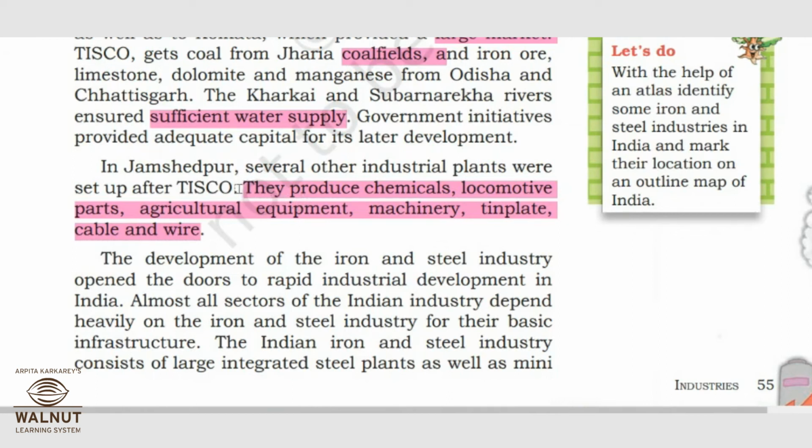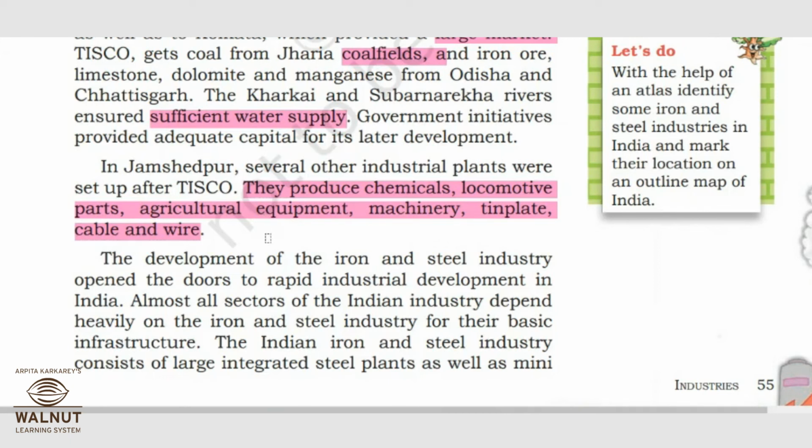What will be the advantages of TISCO being so near for these factories? If somebody has set up a chemical industry or an agricultural equipment industry there, how will TISCO being near help them?